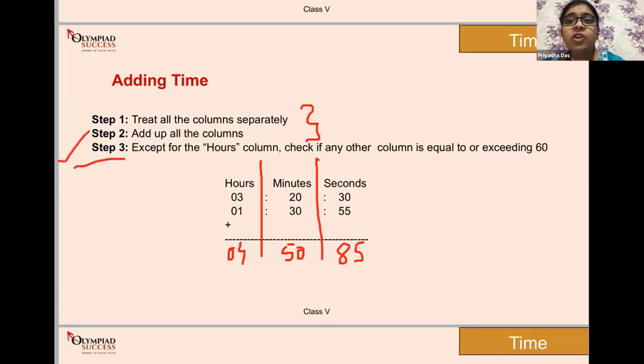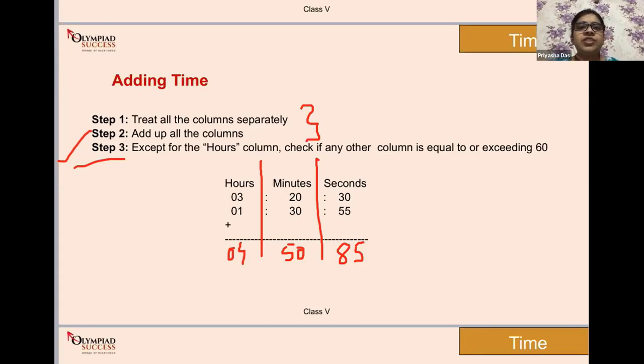Except for the hours column, you have to check if any other column is more than 60 or not. Can you all tell me in the chat box, which column is more than 60? Minutes or seconds? Come on, help your teacher. Very good, Daya. Very good, Tanmay. The second one is more than 60.